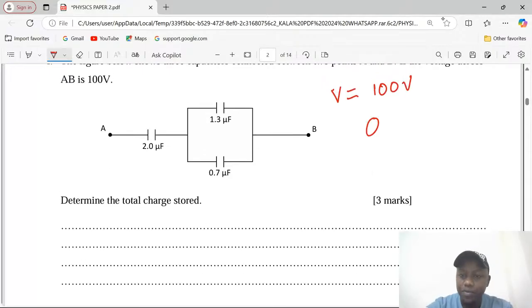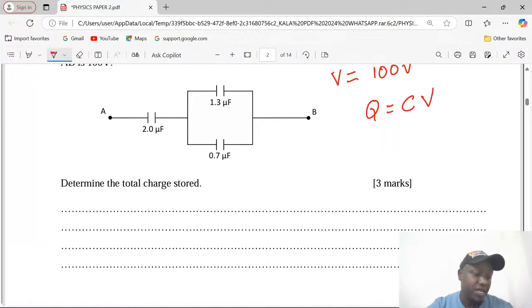Charge Q is usually given by capacitance times voltage. Q equals CV. That is the formula that we are supposed to operate with.